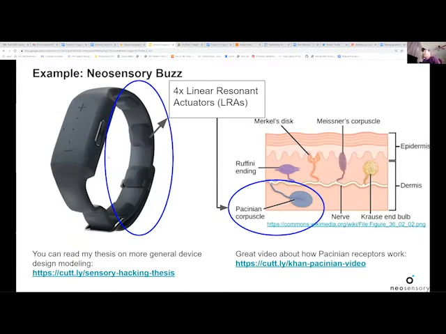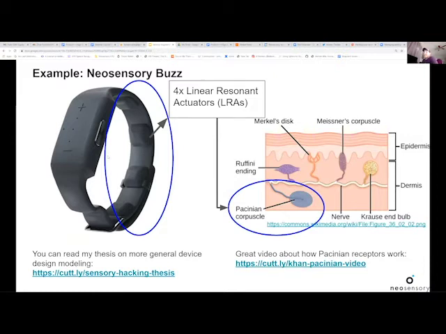We're going to use Neosensory Buzz as a working example for this, and you can see these links here if you want to dig into more of the details. But at a high level, Neosensory Buzz has 4 vibrational actuators embedded in it. These happen to be called linear resonant actuators, or LRAs.